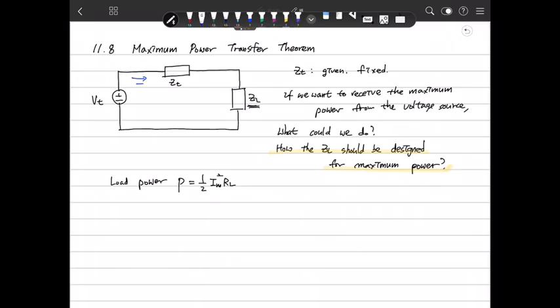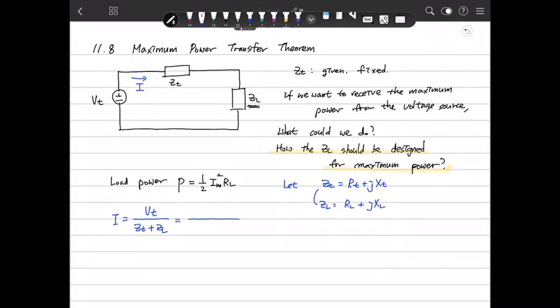We define the current as I. I is Vt divided by Zt plus ZL. Then, I don't know what is Zt, but we make a general representation: Zt is Rt plus jXt, and ZL is RL plus jXL.